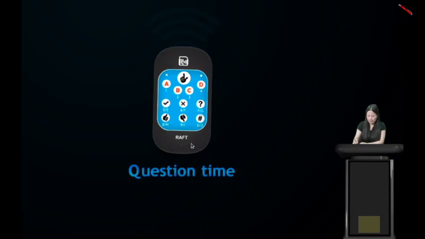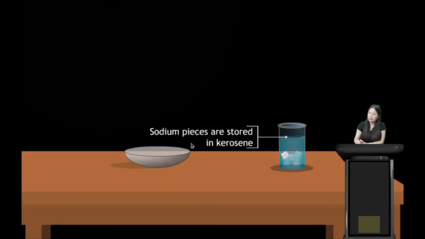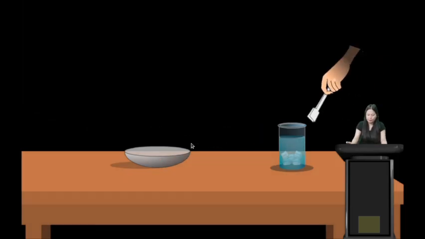Alright, students, let us see the next type of combustion. Here we see sodium pieces. Sodium is a metal stored in kerosene. Now let's see what happens when we take some pieces out and put them on this plate, in open air.